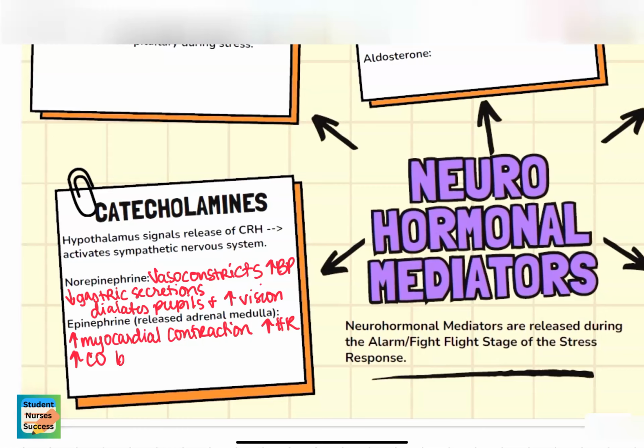And we know epinephrine is a bronchodilator. So it opens up your airways so that you can get more oxygen in. It also increases glucose release from your liver. And this helps increase your blood sugar so that you have more energy.